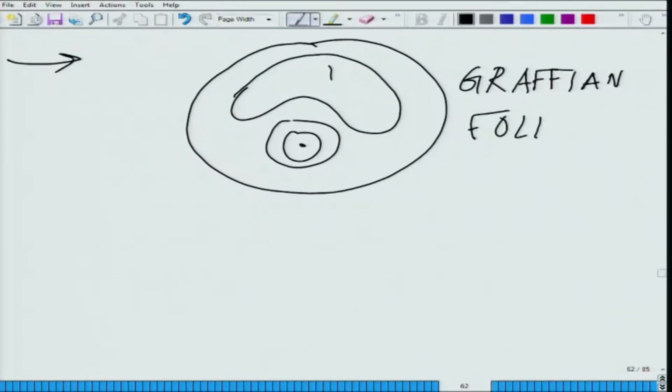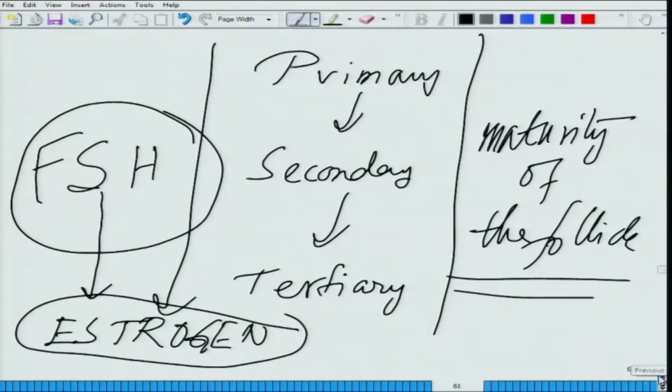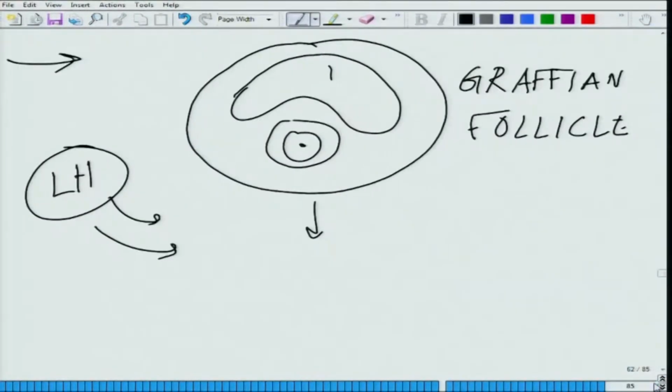From the Graafian follicle, because of the LH surge, luteinizing hormone, we have talked about the other hormone, FSH. FSH is involved in all the maturity part. Then comes the role of the luteinizing hormone.